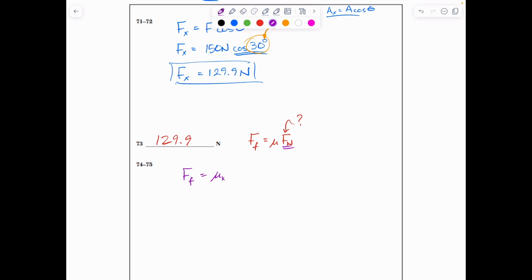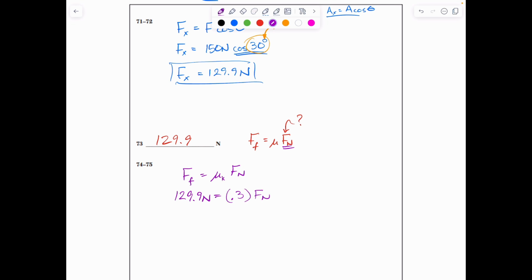I'm going to put a little k here to remind us it's kinetic because we're moving. And then we can solve for the normal force. So 129.9 newtons equals, we go onto our reference table and look up the coefficient of kinetic friction for wood on wood, which is 0.3. No units needed because coefficients of friction have no units.